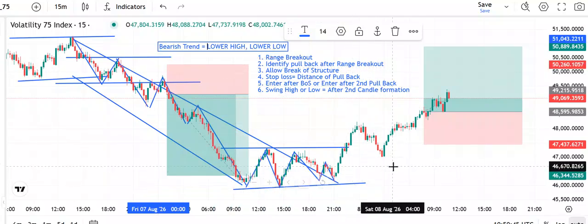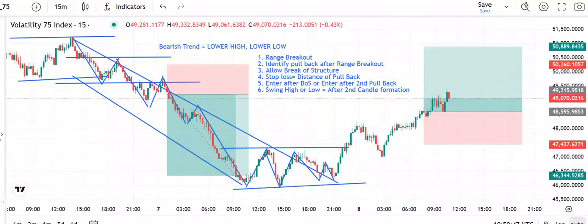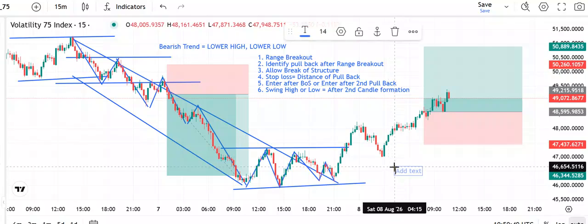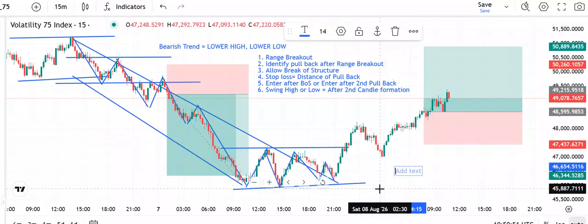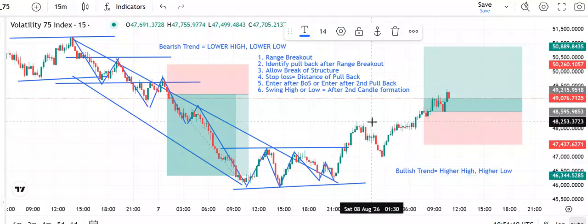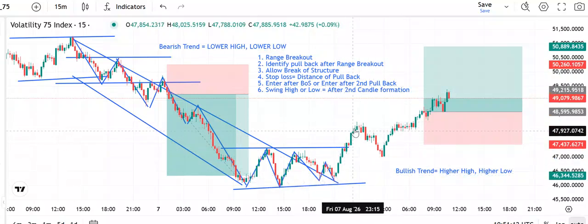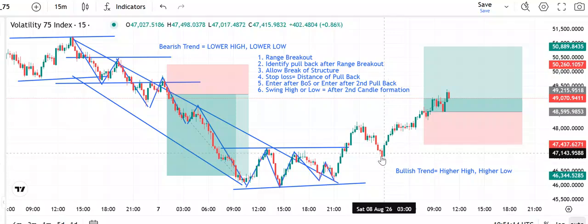Now, bullish trend. You start to see higher high, higher low. Now, we have a low here, a high, higher.